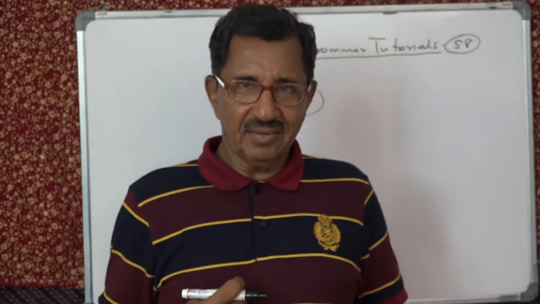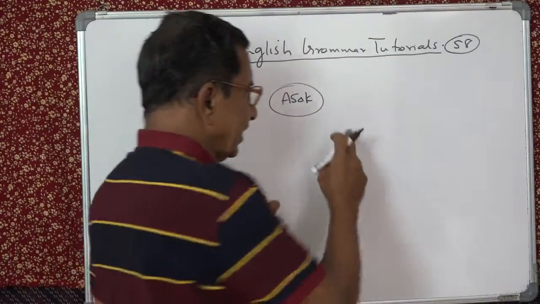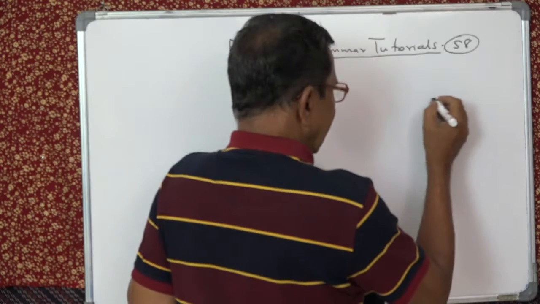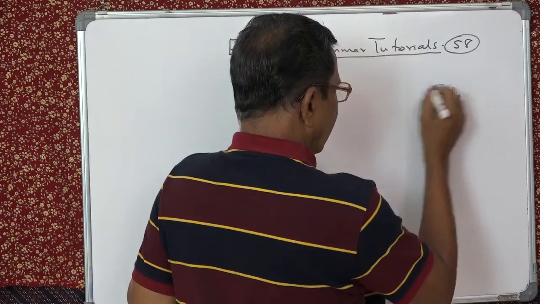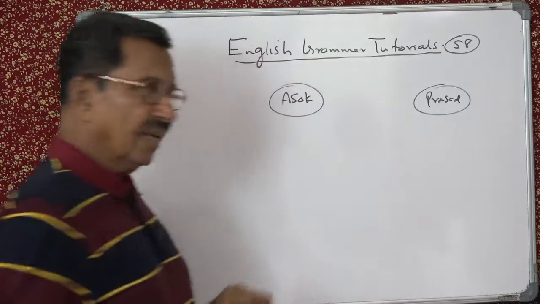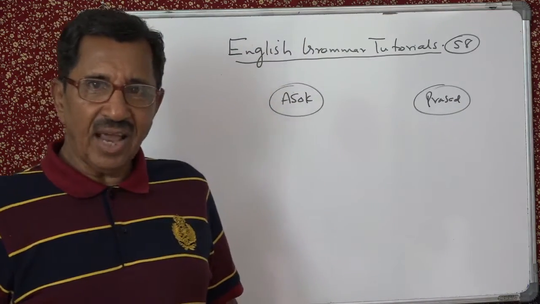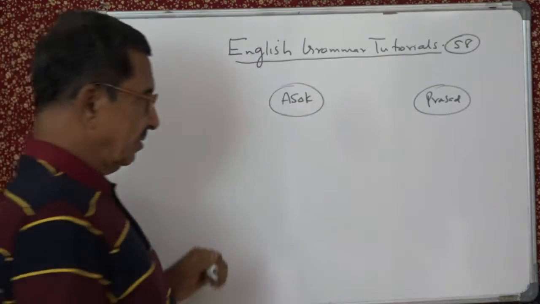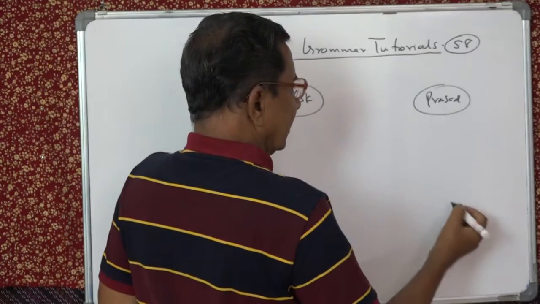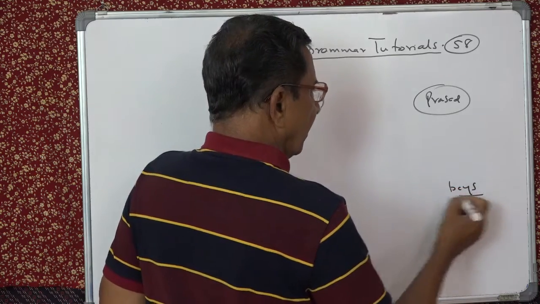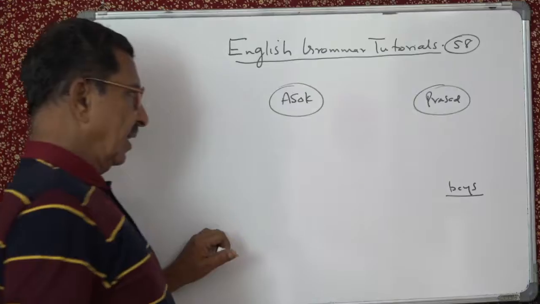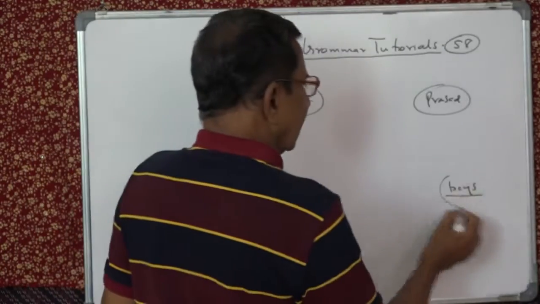But there is one more person here, and that is Prasad. Understand? There is another person or persons. We will say boys. No name; a name you can also give. Okay, so this is the situation.